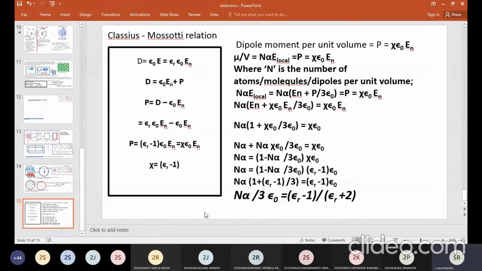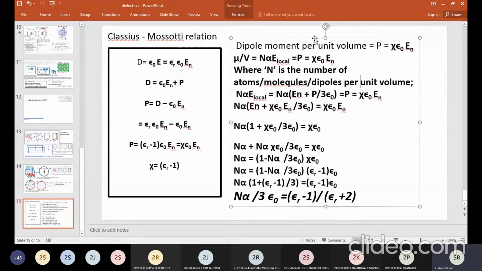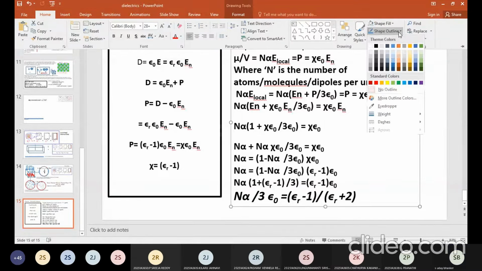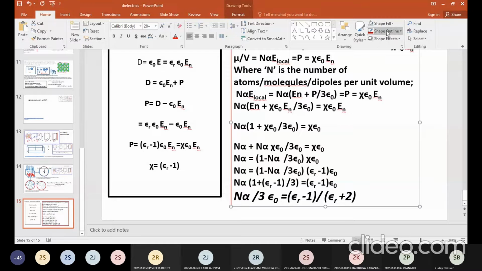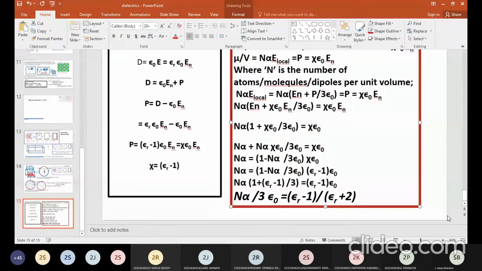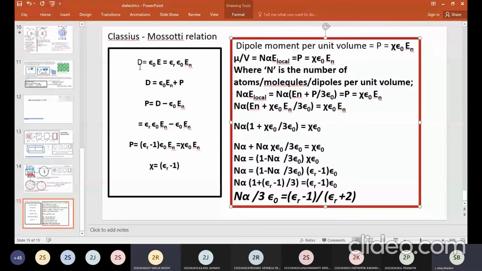One thing. What is epsilon r? Do you know that? D is equal to epsilon naught E. What is E? External applied field.